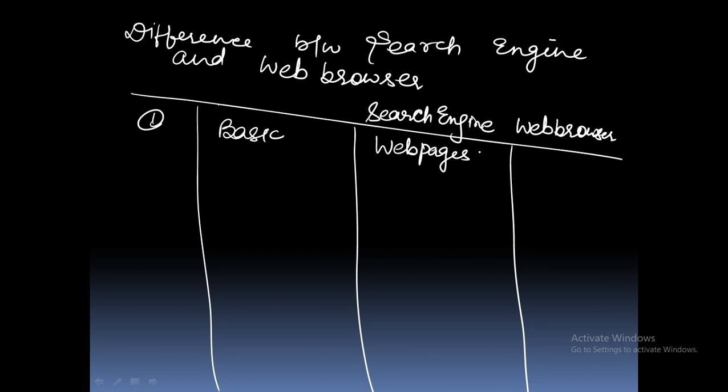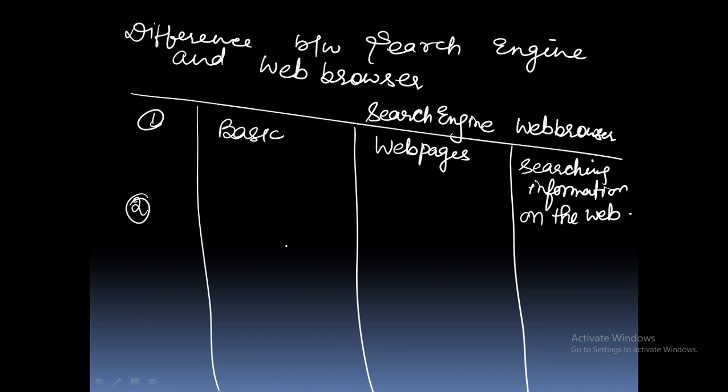But on the other side, web browser is used for searching information on the web and displaying it over the user's computer. This is the first basic difference between search engine and web browser.